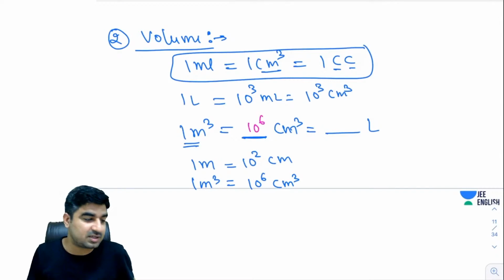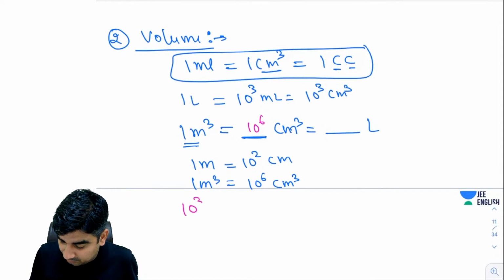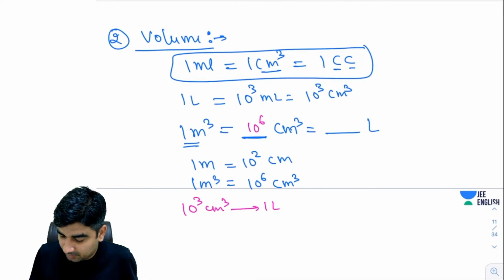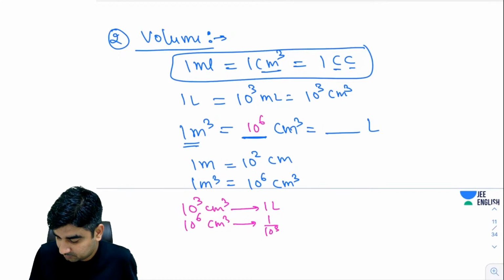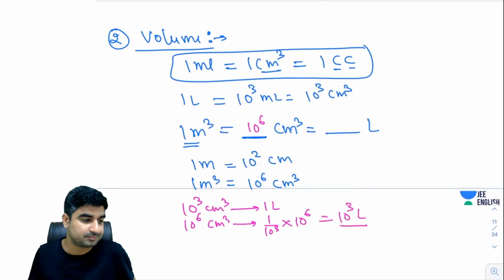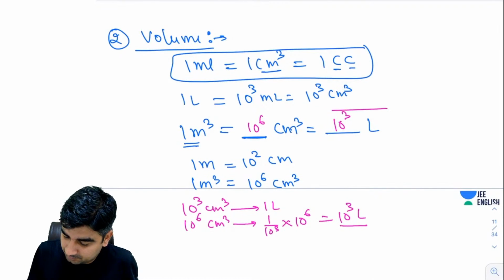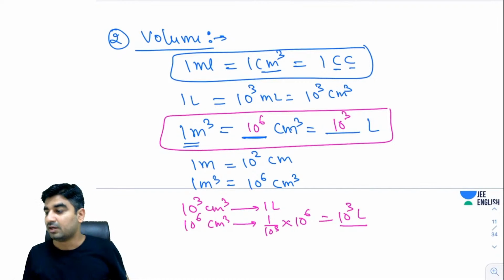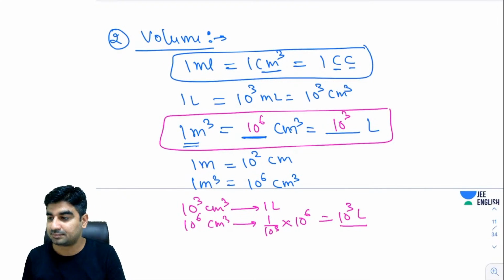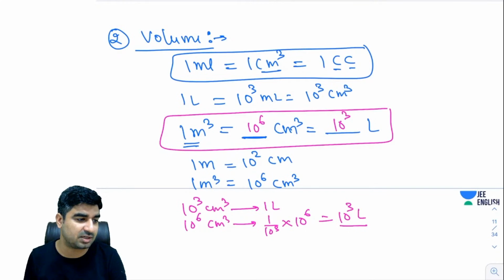Now how many liters are there? 10 raised to the power 3 centimeter cube make 1 liter. So 10 raised to 6 centimeter cube will make 1000 liter. So you can do conversions easily.